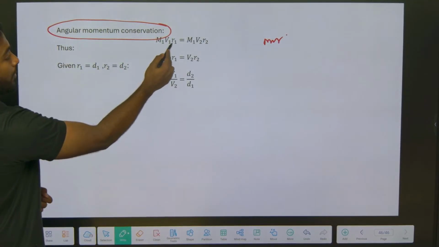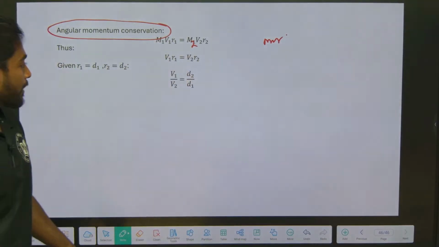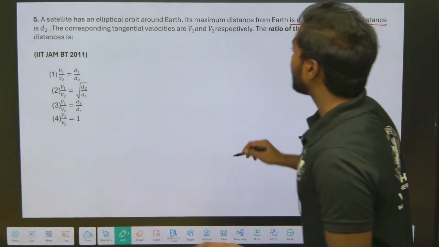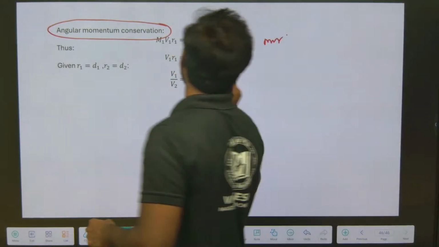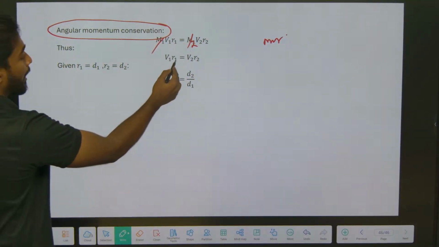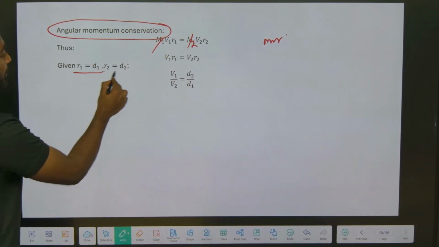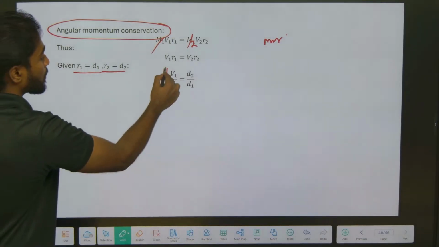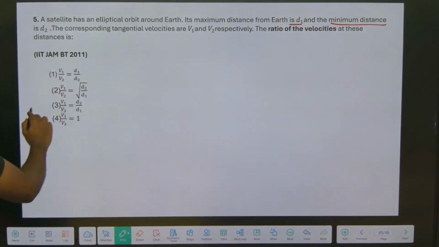So m1 v1 r1 equals m2 v2 r2. Why have we taken m1 and m2 as the same? Because we are taking the same object. So both get cancelled, and v1 r1 equals v2 r2. r1 is d1 and r2 is d2. So v1/v2 equals d2/d1. So the option 3 is the correct answer.